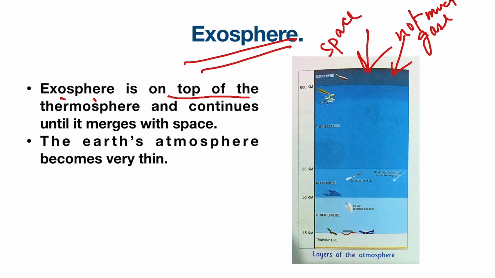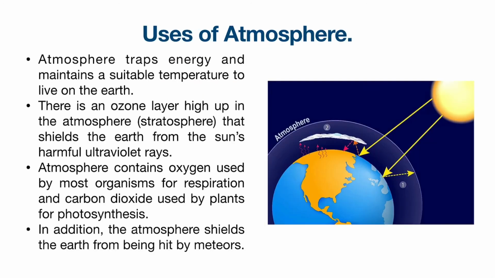All right. So we have the uses of the atmosphere. That means how does the atmosphere help us? The atmosphere traps energy and maintains a suitable temperature to live on Earth. See, if there is no atmosphere, of course oxygen will also not be there, but apart from that, the Earth will also become very, very cold because heat will not be trapped inside the atmosphere.